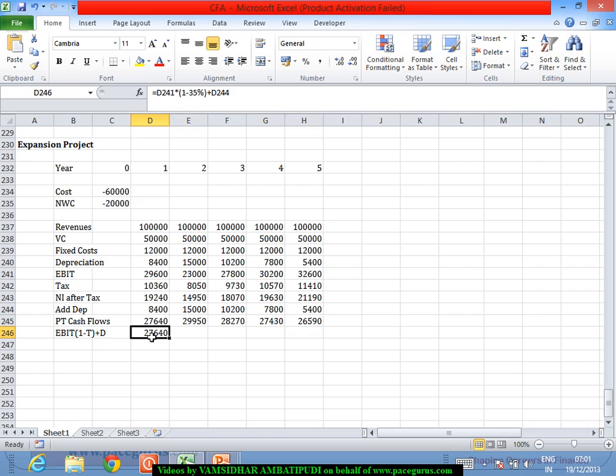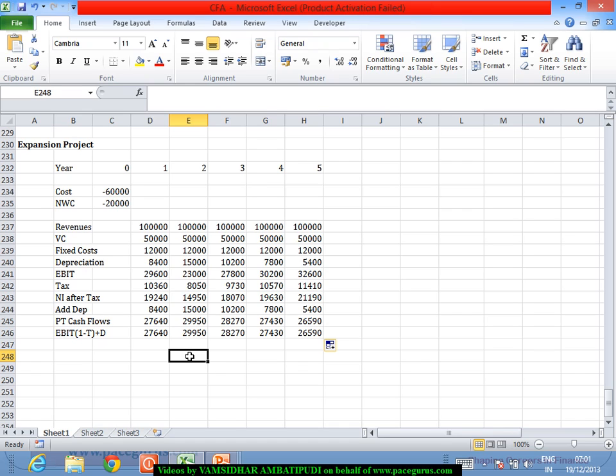So even this will result in the same. So either way, from the net income you add back the depreciation, or you do EBIT into 1 minus T and add back the depreciation, that will become your after-tax operating cash flows.